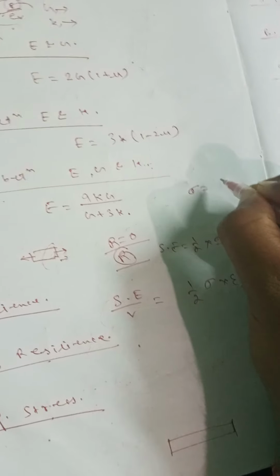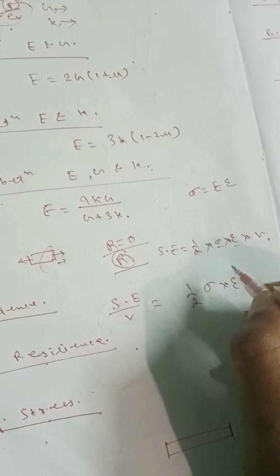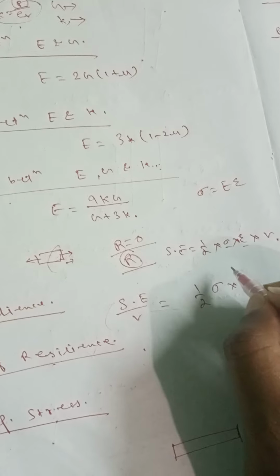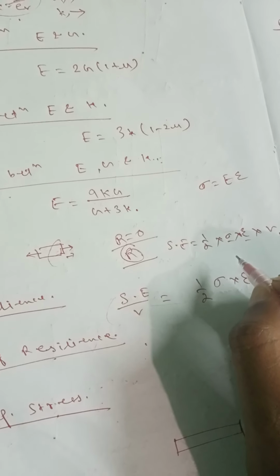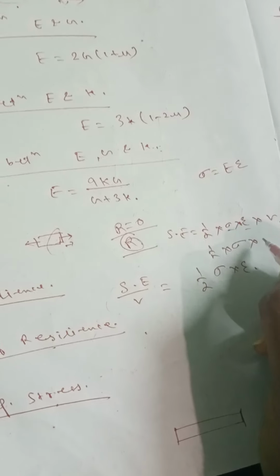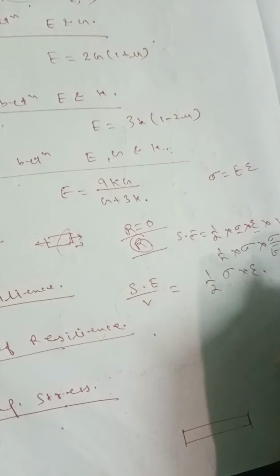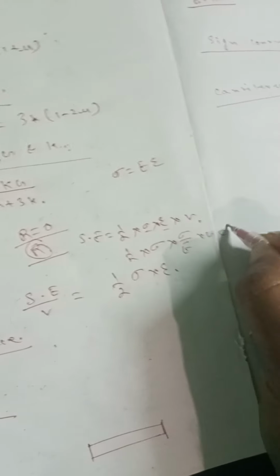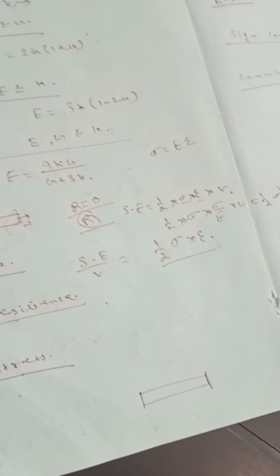From Hooke's law, stress equals modulus of elasticity into strain. Keeping stress as it is and changing only the strain, that strain will be stress by modulus of elasticity, so that will be half sigma square by E into V, and if you put that, another formula will come. Okay.